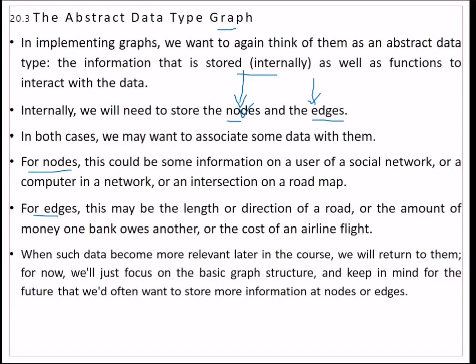While on edges, this may be the length or direction of a road, or the amount of money one bank owes another, likewise. When such data becomes more relevant later, we will return to it. But for now, we'll just concentrate on basic graph structure, and keep in mind that we would often want to store more information at nodes as well as edges.